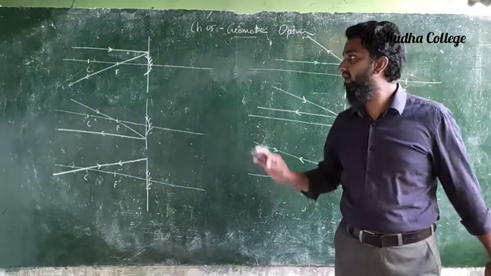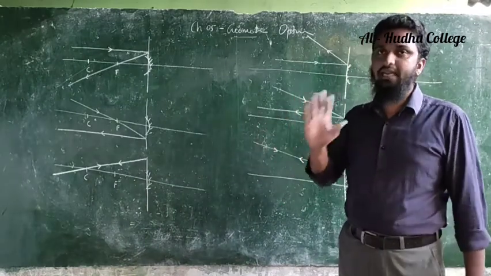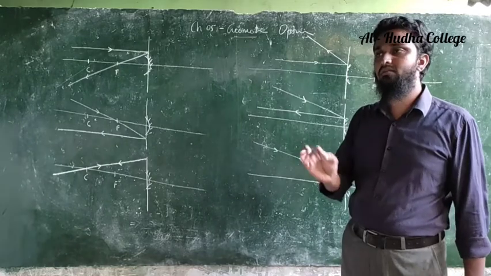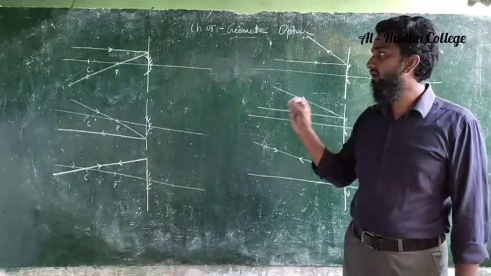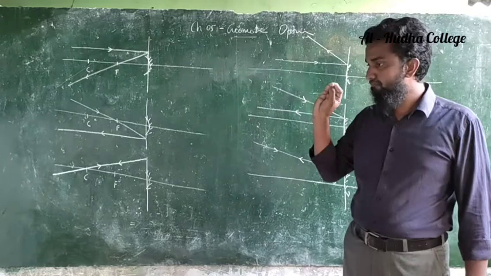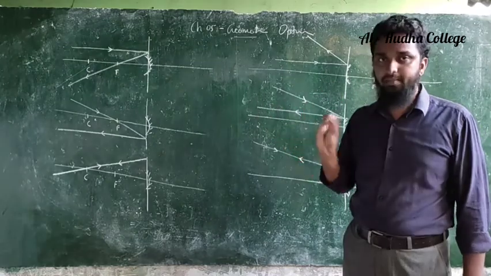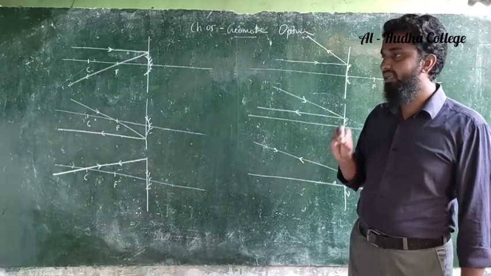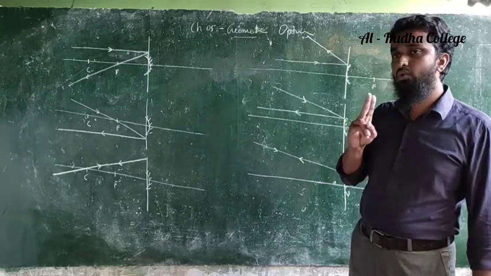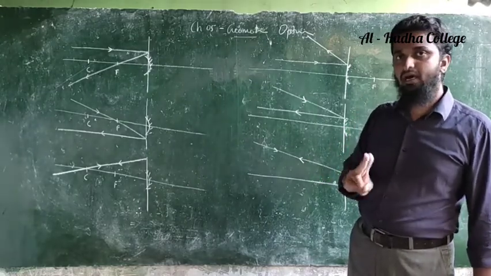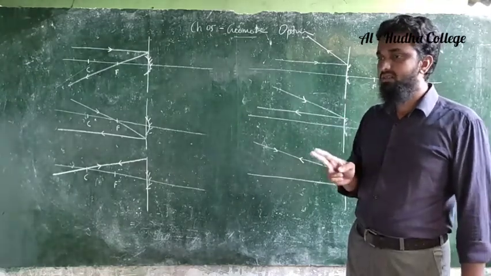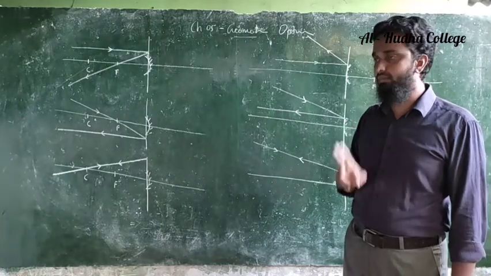Why are we drawing these basic ray diagrams? Keep this in your mind, because to obtain an image, we require at least two straight lines. You need two straight lines to get the position of the image.